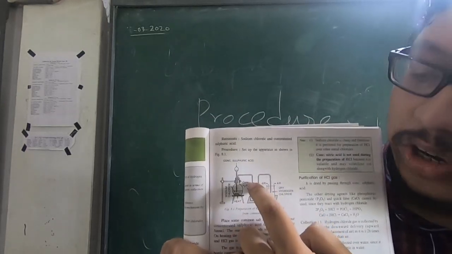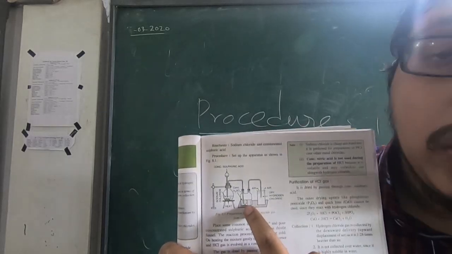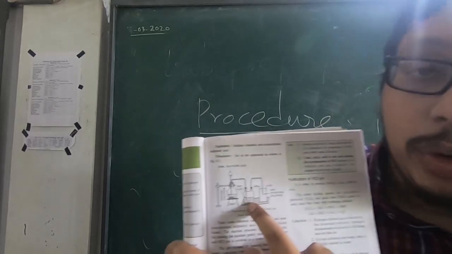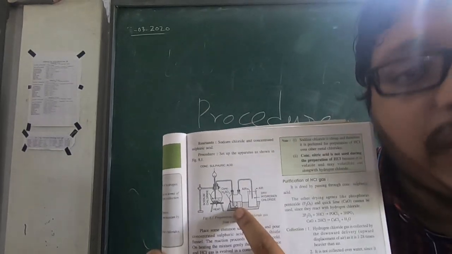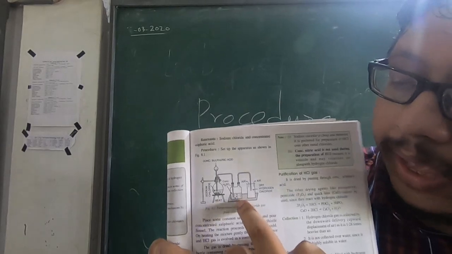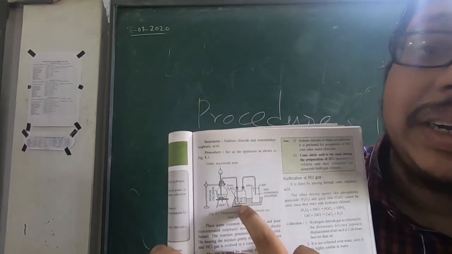It will go through this delivery tube, enter here, and here you can see there is again concentrated sulfuric acid. You may ask, sir, why again concentrated sulfuric acid? Again concentrated sulfuric acid in order to make it dry.